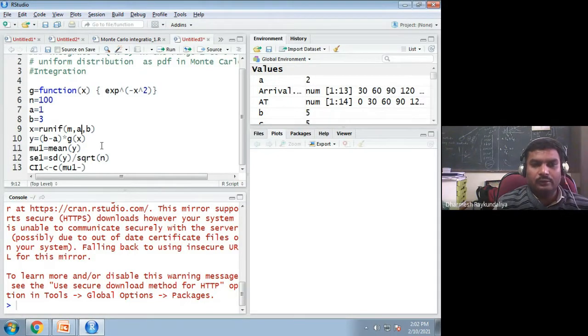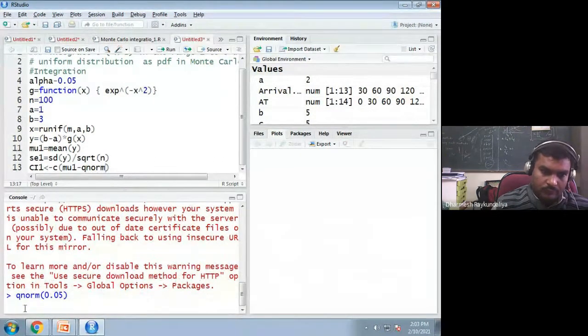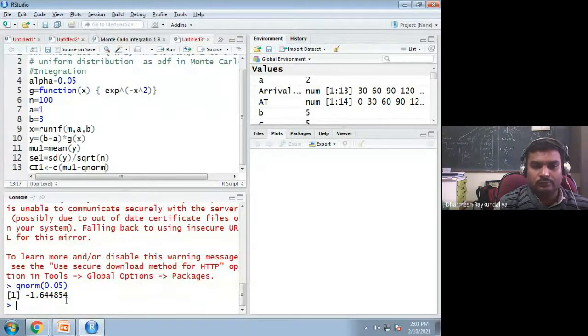So here you can also give the alpha equal to 0.05. So it is qnorm. We will verify. qnorm of 0.05, what is that answer? It is this. And when I am saying that, it is divided by 2. What is it?